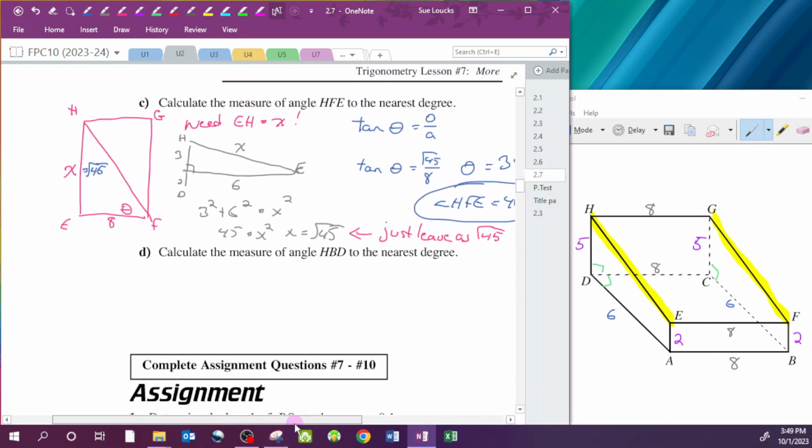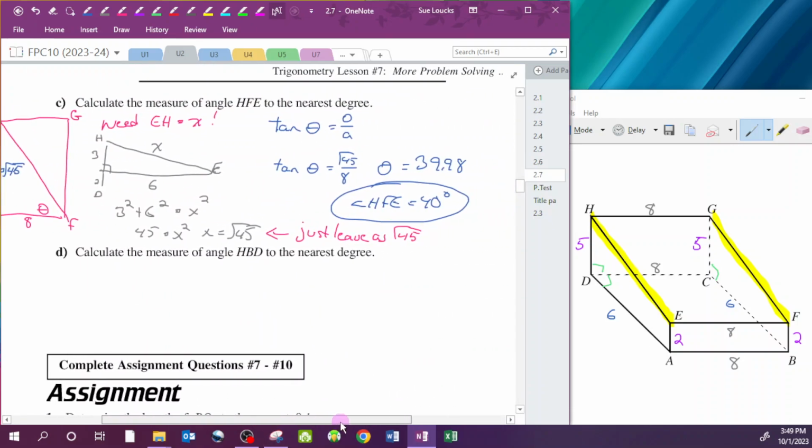Okay, last question. Calculate the measure of angle HBD. Okay, so HBD, that's cutting the shape in half. Can you see that? Okay, so let's draw HBD, and I'm drawing it from where I'm sitting.